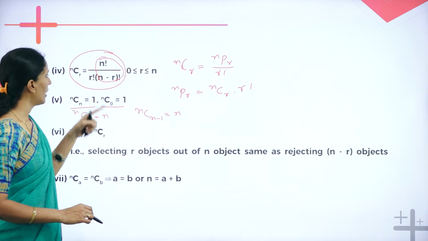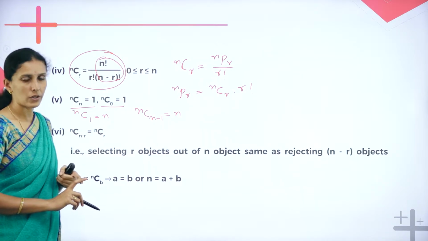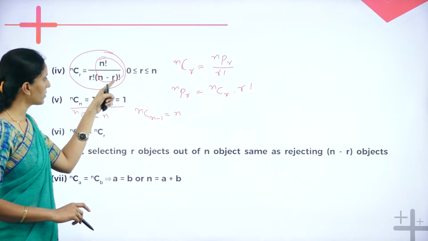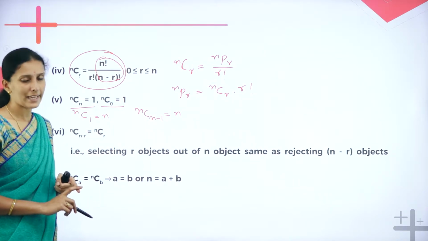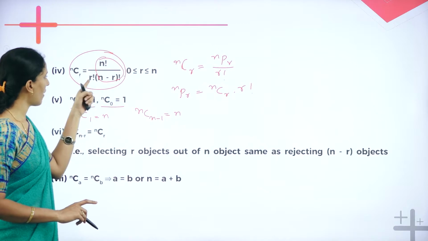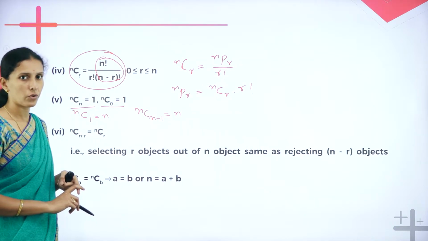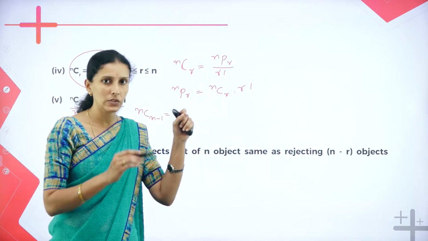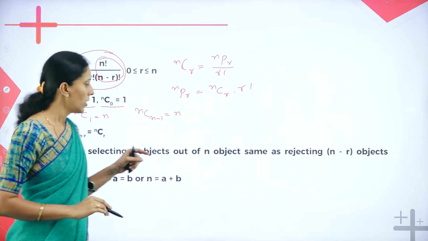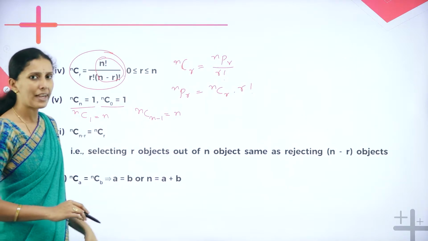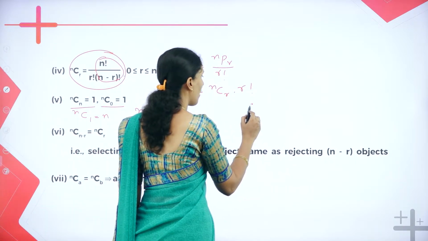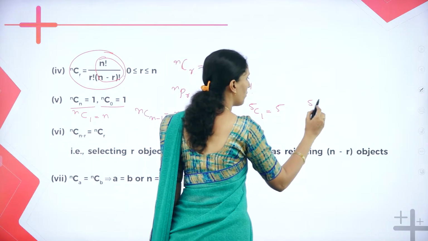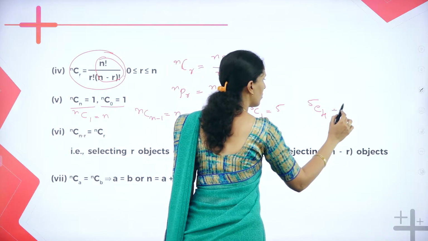Here you are left with N minus 1 factorial, so you will get N. Similarly, if you substitute N minus 1 here, it is again N only, because in the place of R you have N minus 1 factorial. All the terms of N into N minus 1 into N minus 2 cancel until N minus 1, and you are left with only N. You can take examples, suppose you have 5C1, then it is 5. Also 5C4 is also 5.